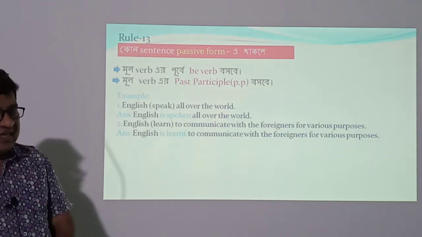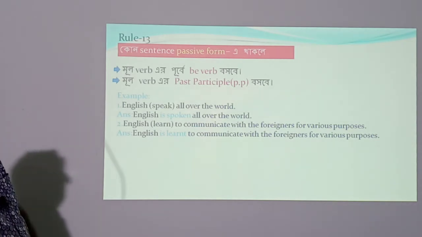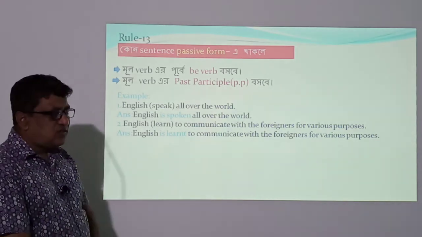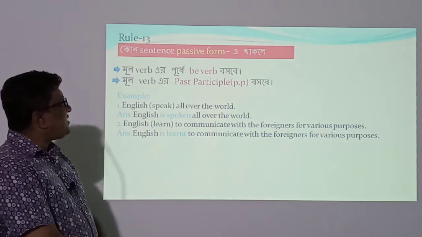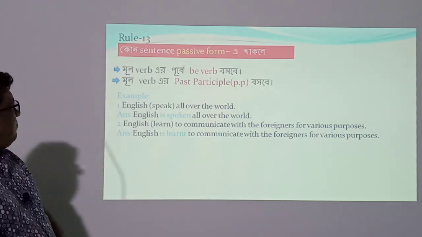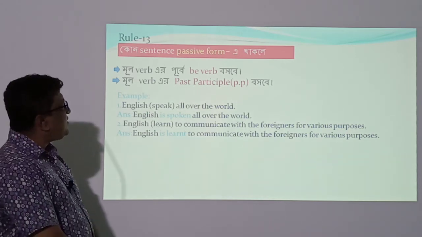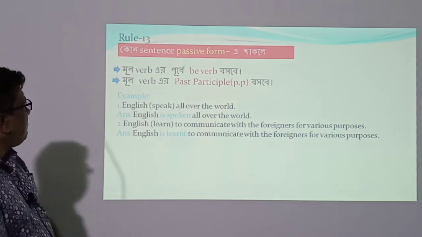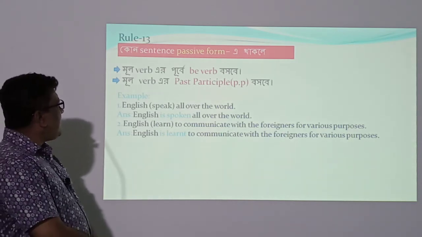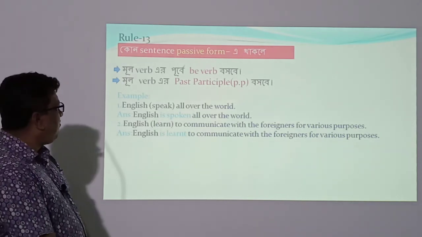Rule number 13. This rule is with the use of the passive form. In the passive form, we will use a be verb before the main verb, and the main verb will take the past participle form.